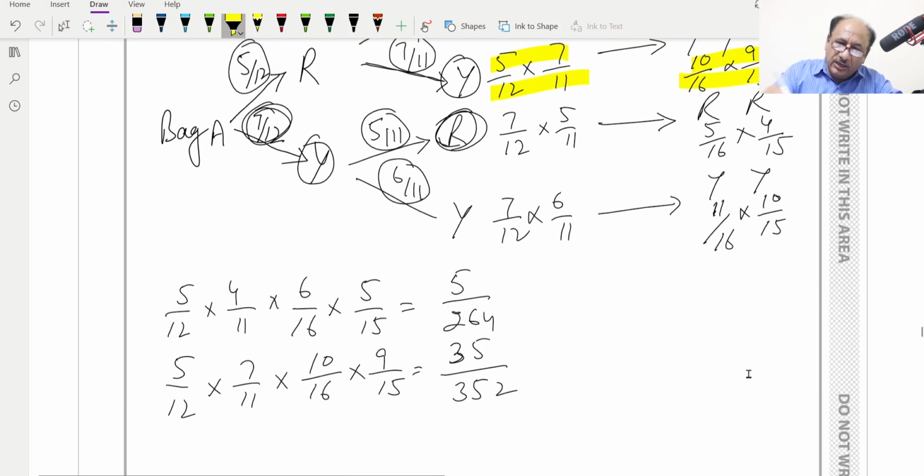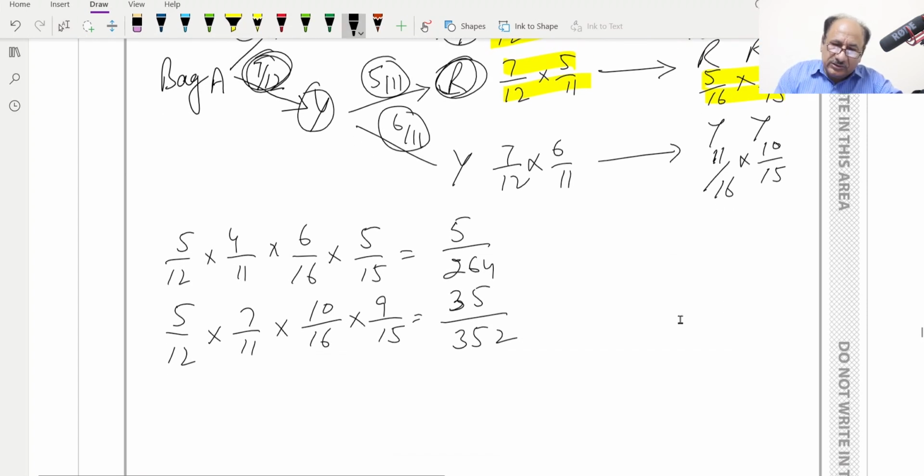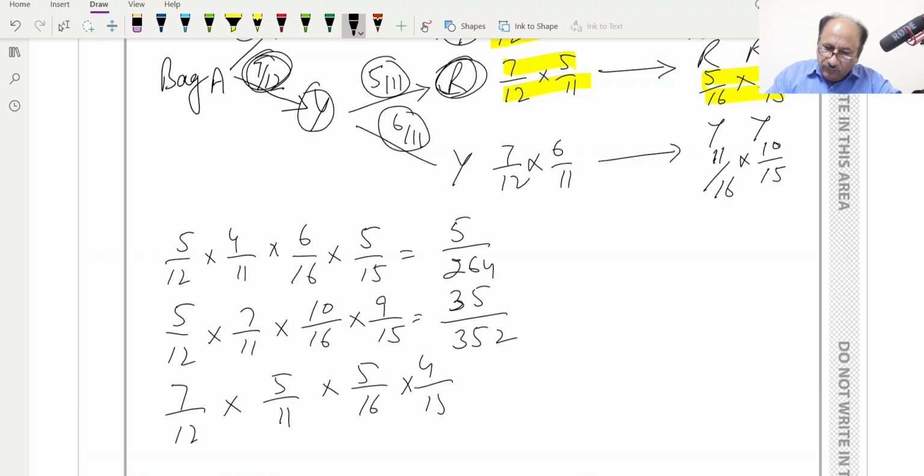And the third one will be what? Third one, we will be multiplying these. So I will write here 7 over 12 multiply by 5 over 11 multiply by 5 over 16 multiply by 4 over 15.